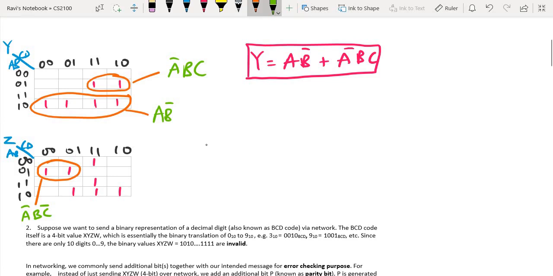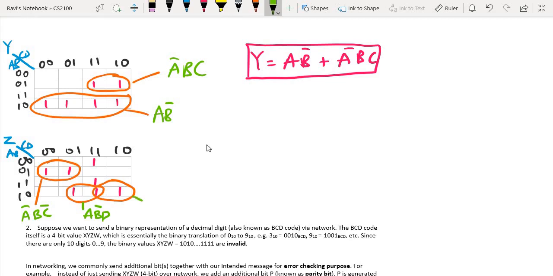Then what else do I have here? Over here I can have one group. For this group, again this is a row, so the A and B do not change, so it's A B bar, and within these two columns C changes but D remains, so it is A B bar D. Then again for these two ones here, if I group them together, what do I get?